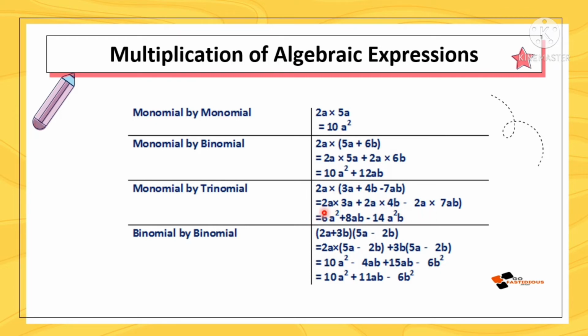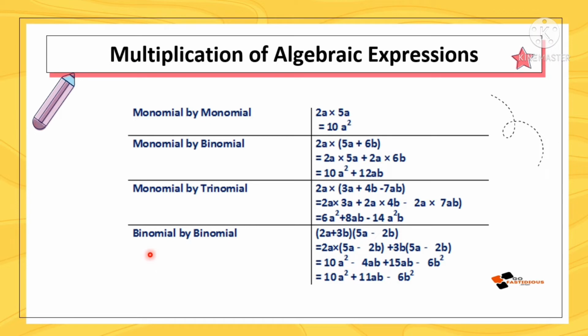Now after that, numbers by the numbers. So 2 into 3 is 6 and a into a, a square. Now 2 into 4, which is 8, a into b is ab, and 2 into 7, 14, a into ab, that is a into a, 2 times a is there, so we write a square and b as it is. So this is our answer.